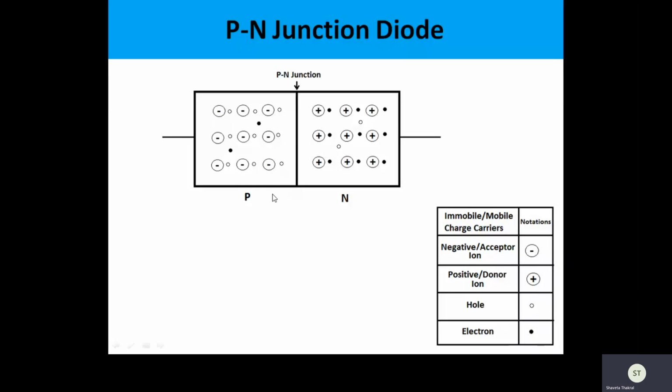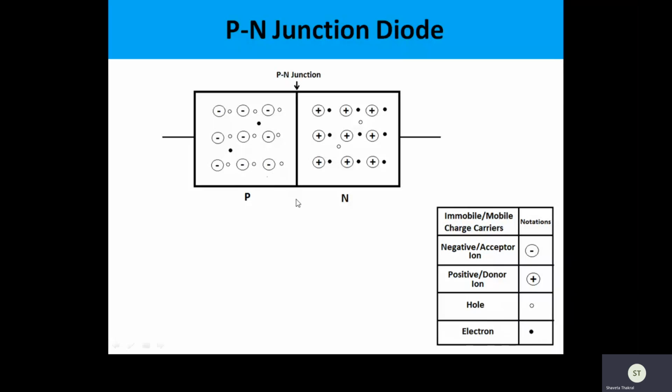So in the p-type extrinsic semiconductor, we have negative or acceptor ions because of the trivalent impurity, and every negative ion is associated with one hole. This is the representation of a hole. And we can see here the minority charge carriers are also there, represented as electrons.